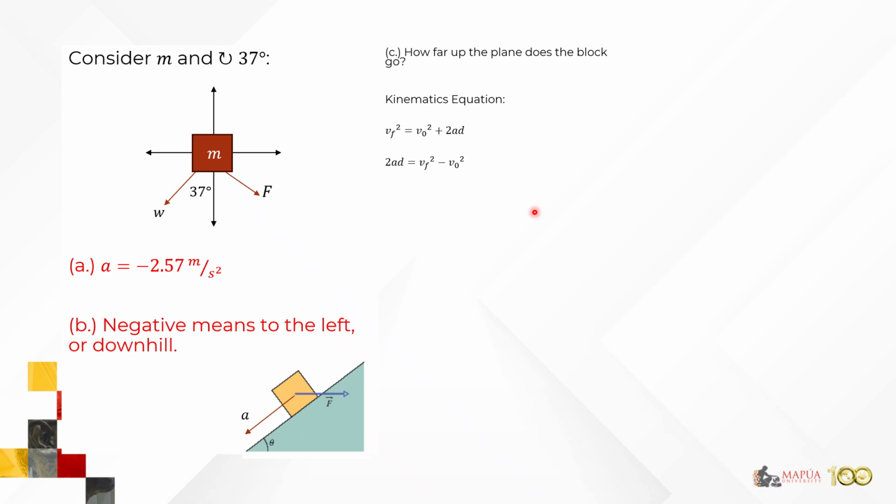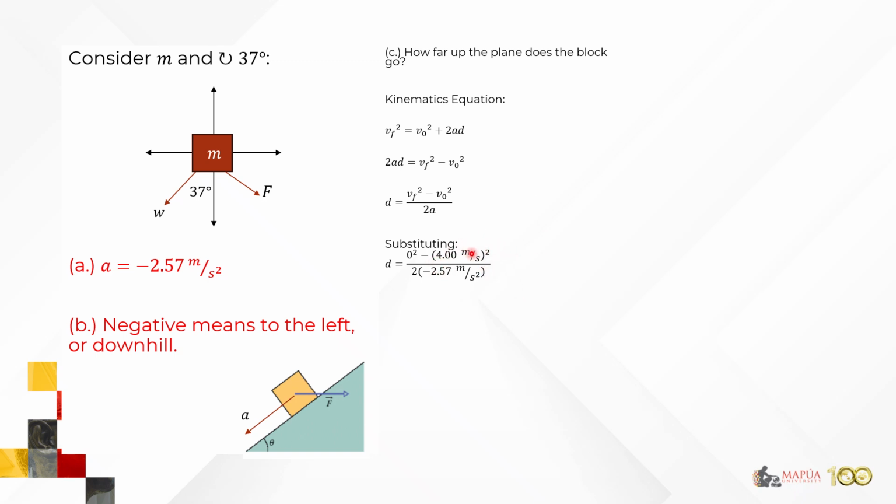That just means that 2ad is equal to v sub f squared minus v sub naught squared. And to calculate for d, because remember we are asked to find the displacement, how far up, we're going to use this equation. Then to substitute all the given values, remember v sub f is 0 because it will stop at the maximum height, minus v sub naught, which is 4 meters per second, squared.